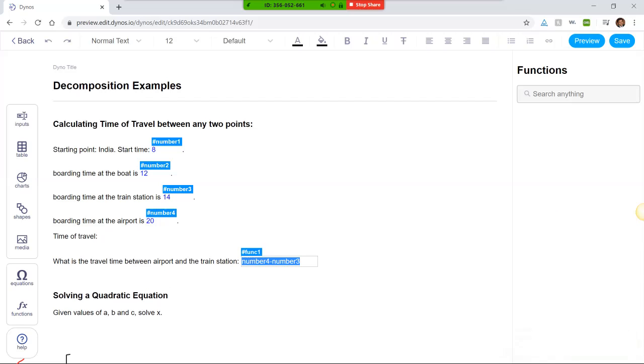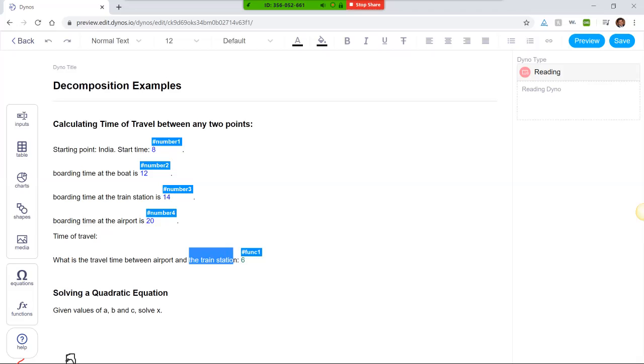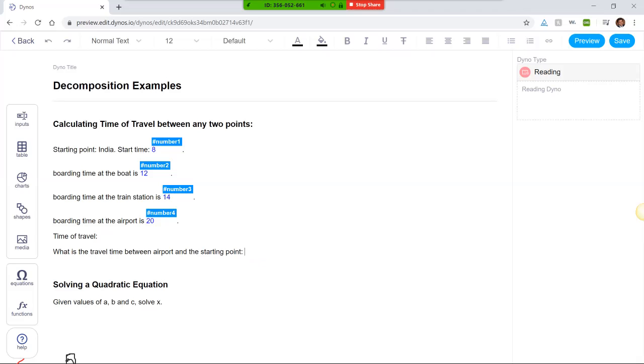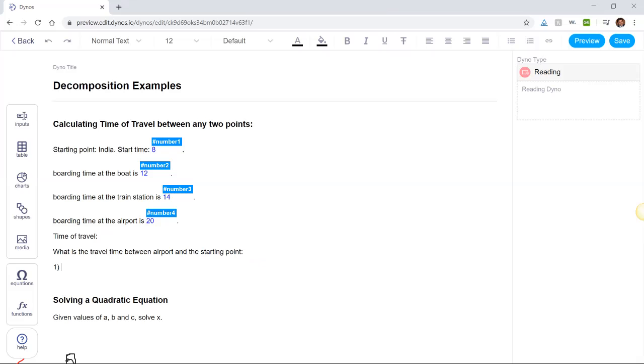So now we asked a question. What is the travel time between the airport and the starting point? Correct? So how do we do this? Using decomposition. So the first step would be finding the airport time and the starting point time. So, basically, this is the travel time to reach the board station from the starting point.